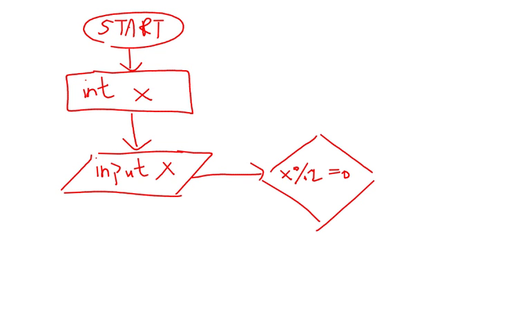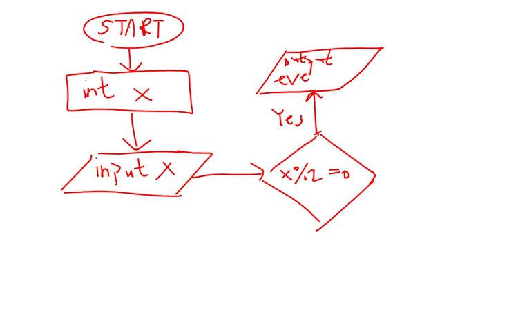And this is how this is going to work. Remember, the if has two conditions. If it is, we put a yes here, or you could put true. If it is, what did we do? We output that x was even. If it's not, then what did we do? We checked.